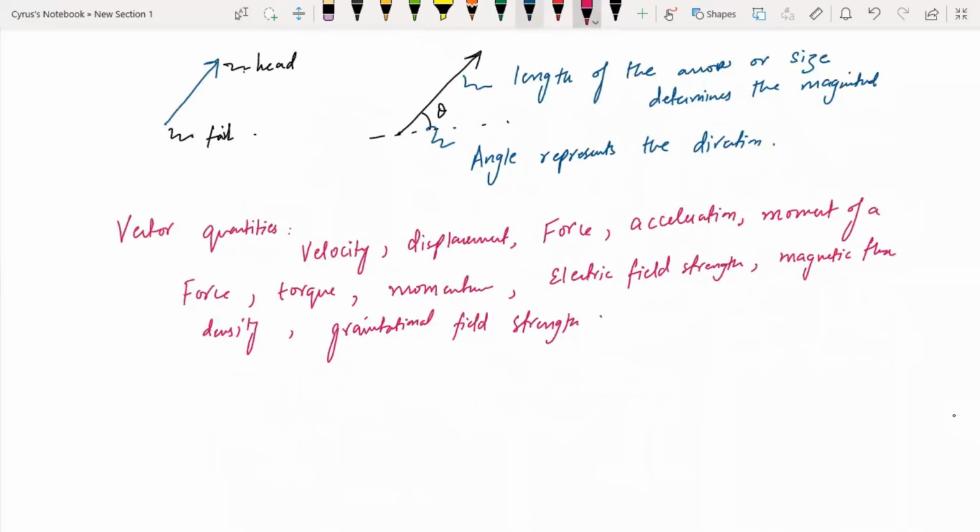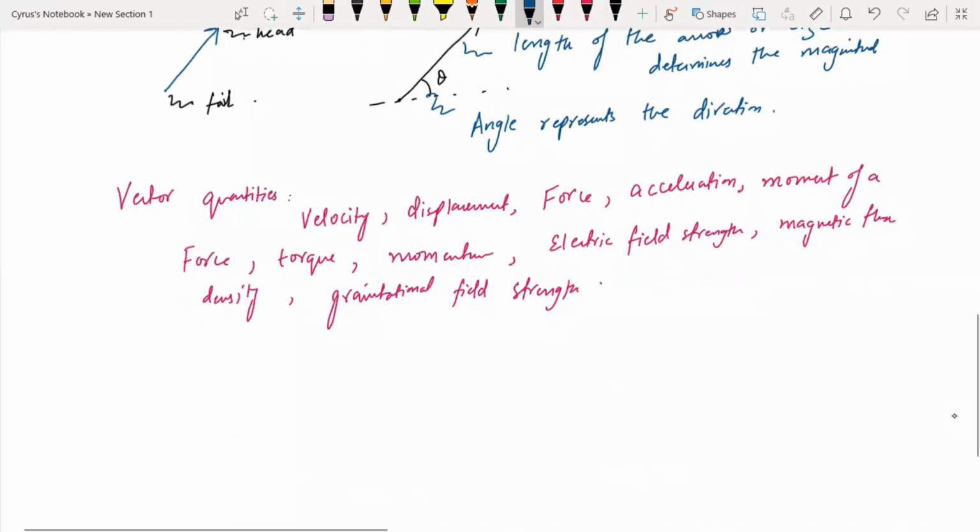If there are two vectors, for example, a vector is like this, and the vector can be represented like this, A with an arrow. Somewhere you'll not see an arrow, right? But they will tell you that it is a vector, right? So for example, you have a vector like this, and it has direction theta. And there's another vector which is like this, and it has direction theta.